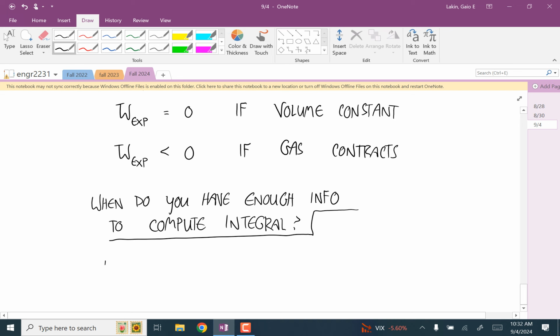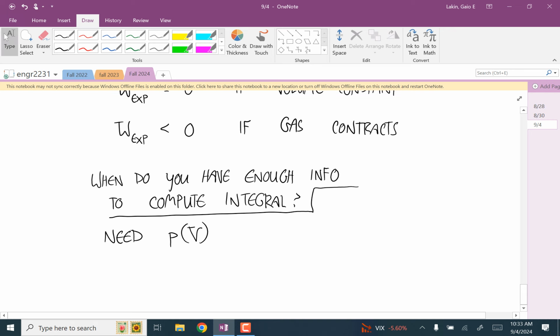Well, what you need is to know the pressure as a function of the volume, which is kind of awkward, that's not a real natural way to have the pressure expressed. But if you can come up with it in this form, then you can always compute that. And it's even easier if the pressure is constant.